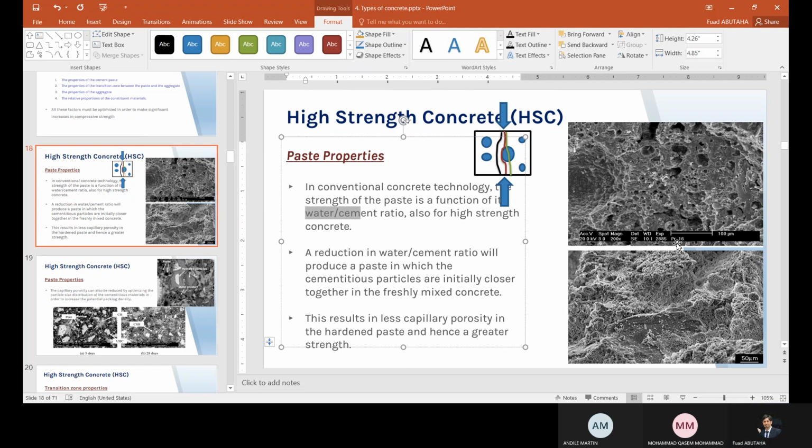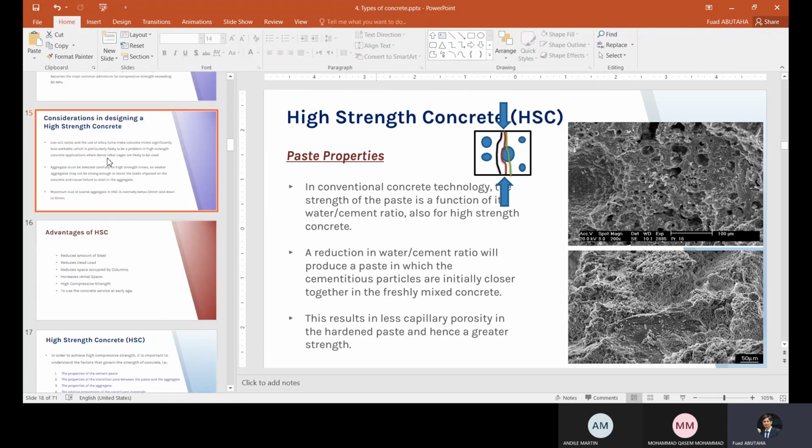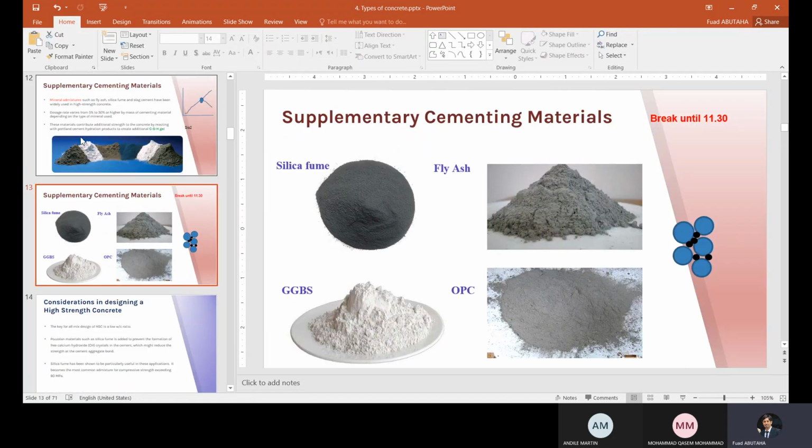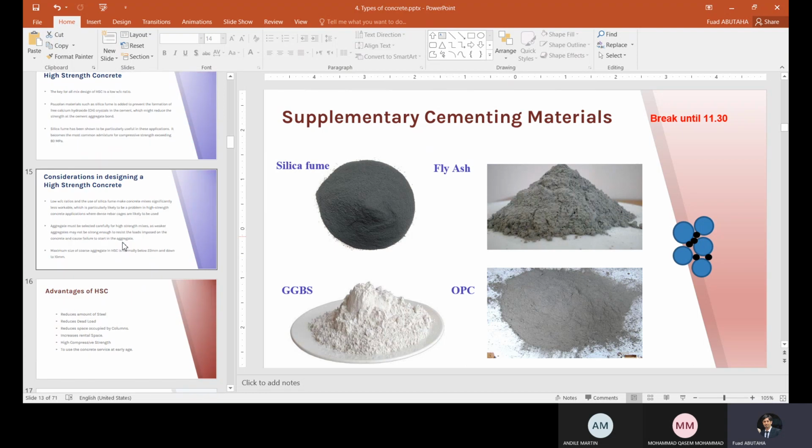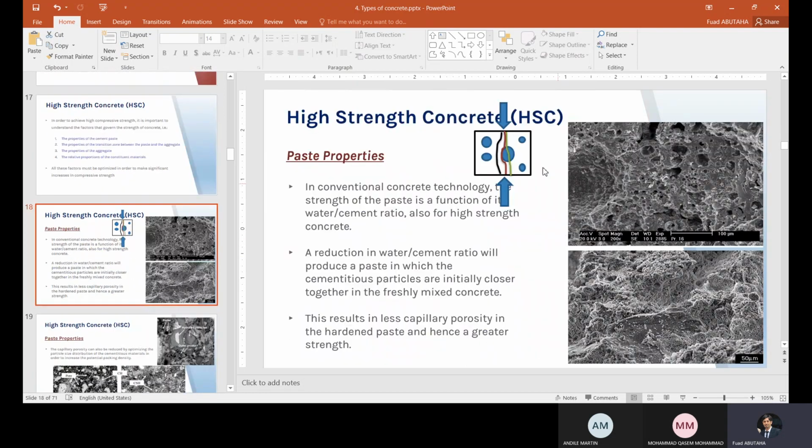This is as a result of the cement or water contents. Another thing, we can also use mineral admixtures. The benefit of the mineral admixtures is part of the cement. It has nothing to do with the aggregate.